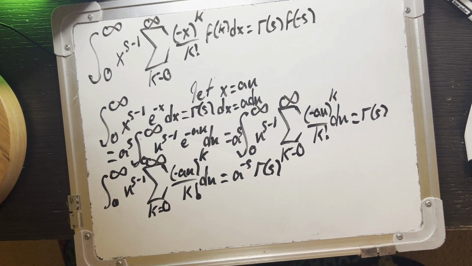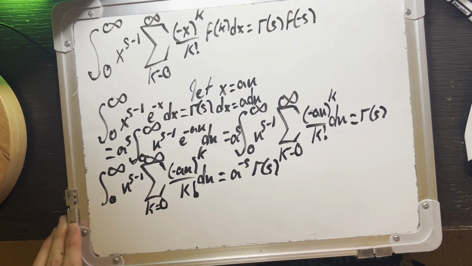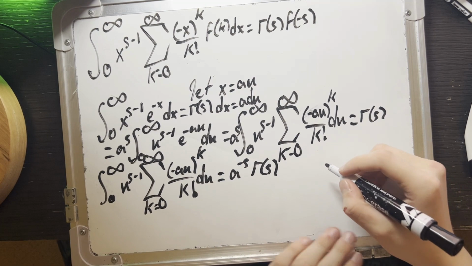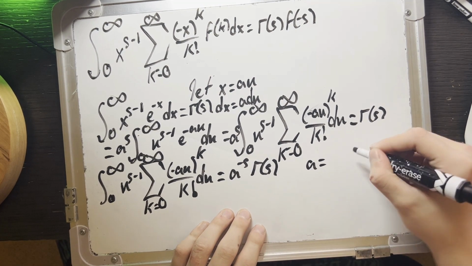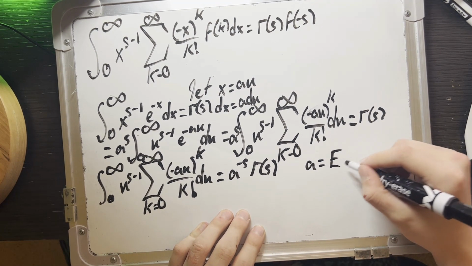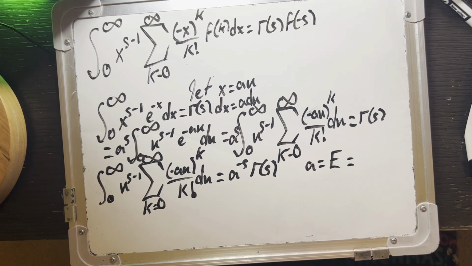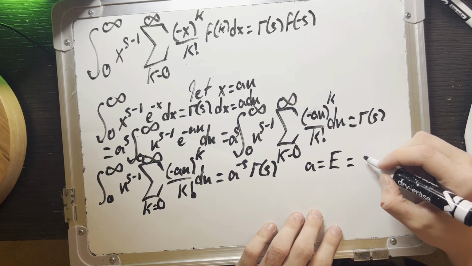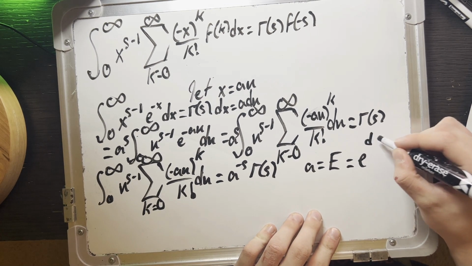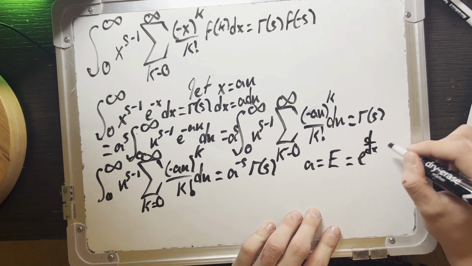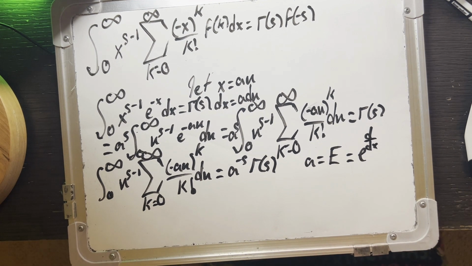All right, now we're going to let a equal a new operator. A is going to equal big E. What's big E? It's very peculiar, but big E is actually e to the derivative. Michael Penn actually posted a video about this roughly a month ago now, so you should definitely check that out if you're interested in this.